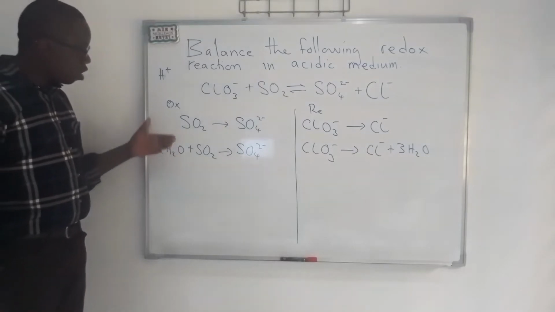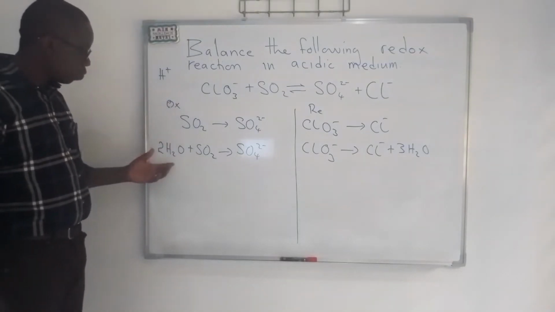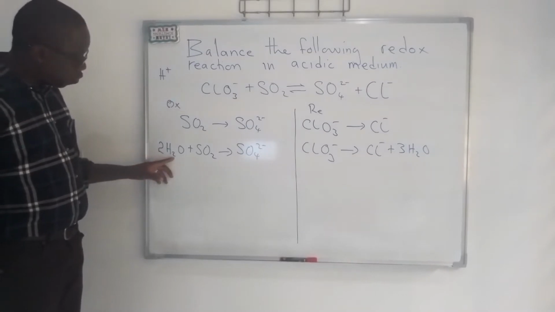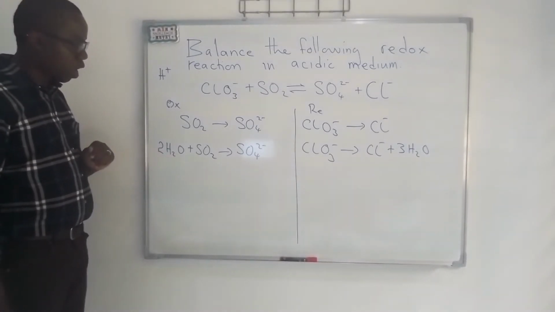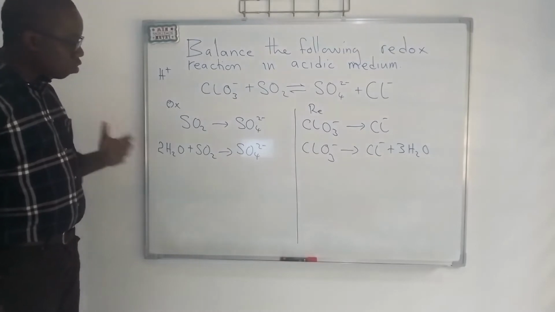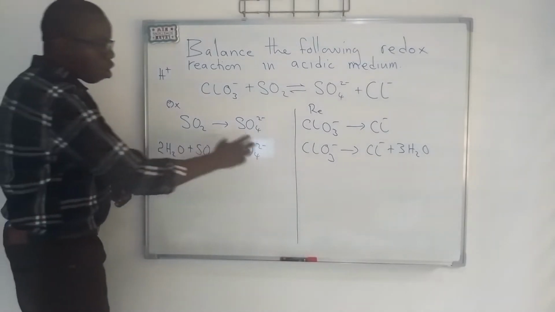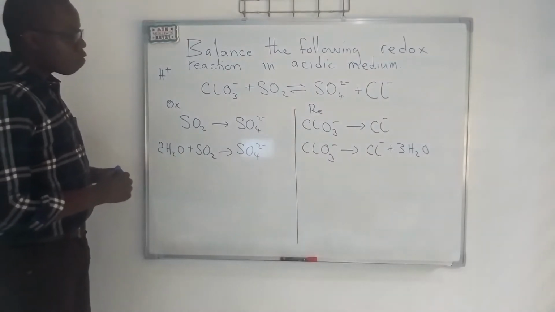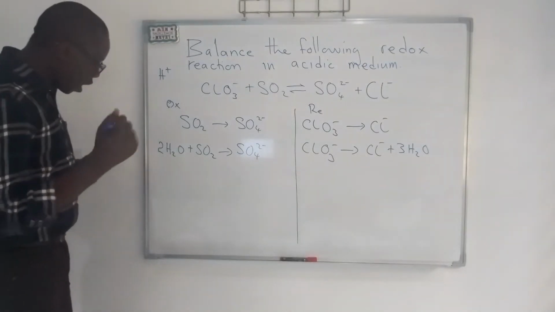When you look at the oxidation part, you will notice that we have 4 hydrogens in total. So this simply means that on the product we should introduce 4 ions of hydrogen.